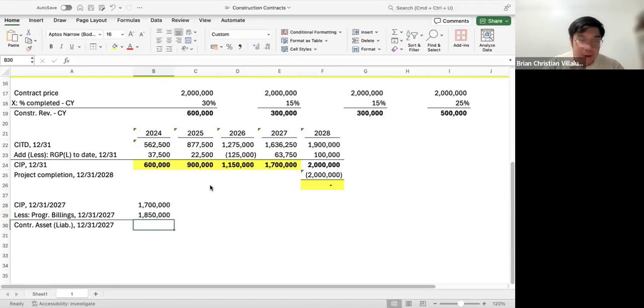Okay? So pag mas mataas ang progress billings natin kaysa sa CIP, meron tayong negative difference. Pag negative ang difference, that is a contract liability. Okay? Yan. So ang final answer natin for number 4 is 150,000 contract liability. Do you follow?